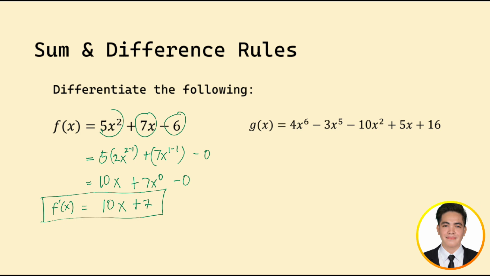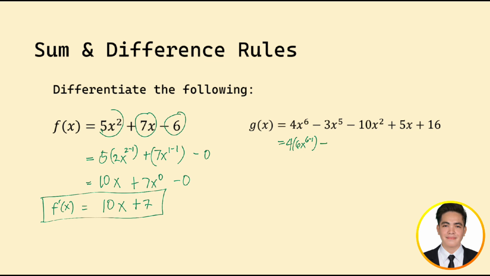So although parang marami siyang terms, pero it's pretty easy kasi differentiate mo lang yung each term tapos minus or plus. So let's evaluate the first one. 4 times 6x kasi binaba natin yung 6, and then 6 minus 1 is 5. Minus, so may nagma-minus na tayo.